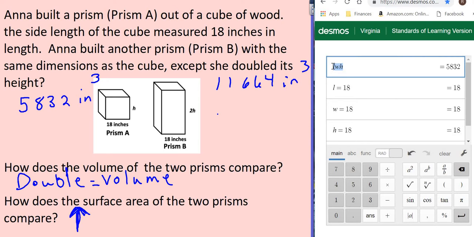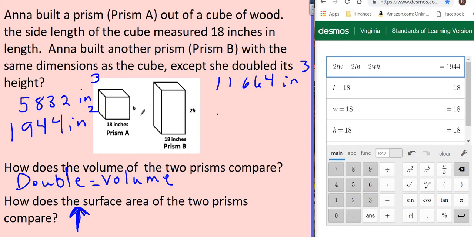My surface area is 2LW plus 2LH plus 2WH. Okay, for my original, with length, width, and height all being 18, that is 1,944 inches squared.